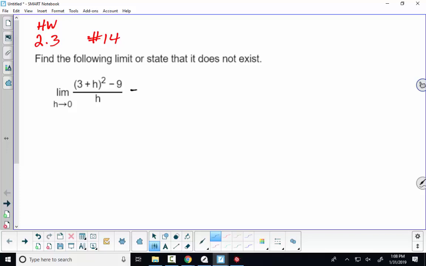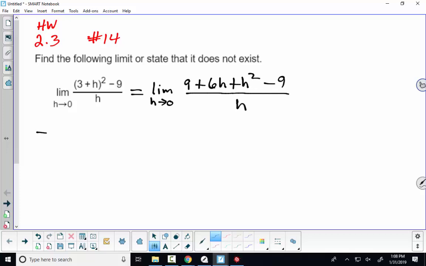Well, let's see. This one here, all you have to do is expand the binomial. And then those 9s will cancel away, similar to what we just did.